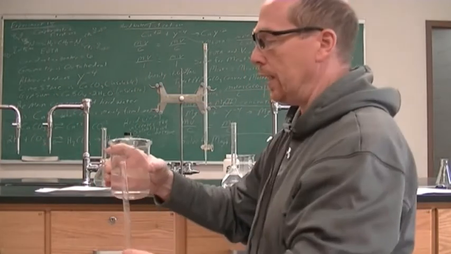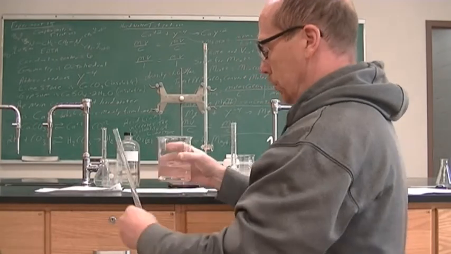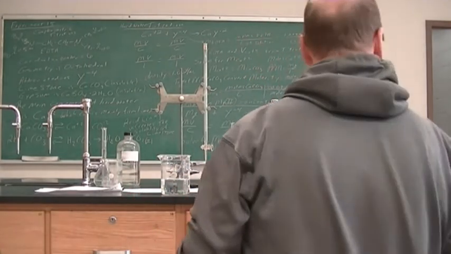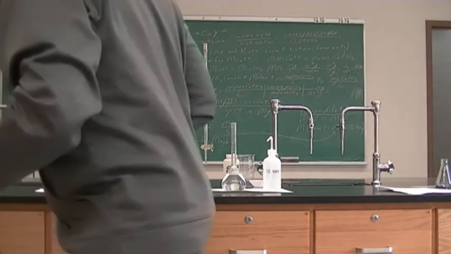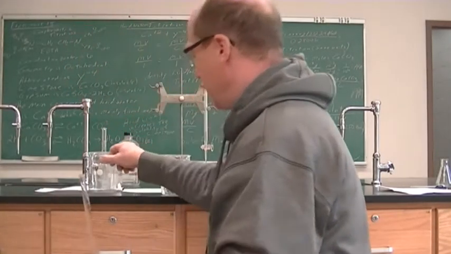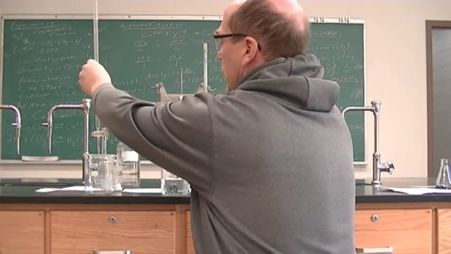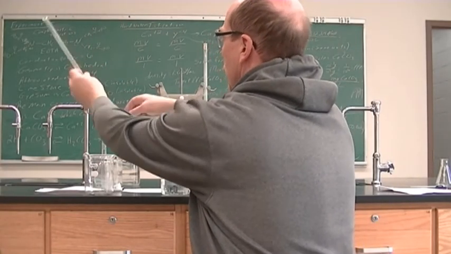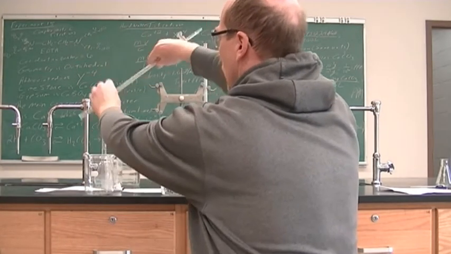It's wet with deionized water right now. So I'm going to put some water in there. I'm going to grab a beaker, and I'm going to open the stopcock and rinse it out, making sure that this is all wet with tap water, not with deionized water.